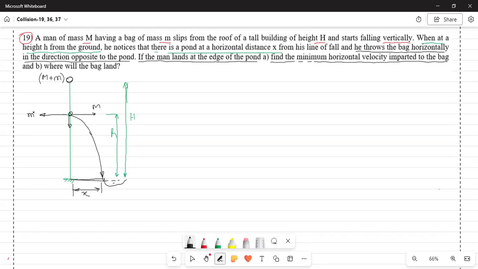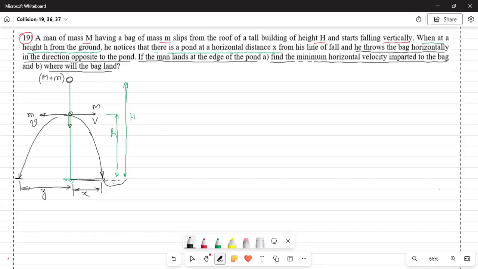So let this velocity be small v, and let the velocity of the man be capital V. The bag will also fall in a parabolic path to the ground somewhere here. The second part asks where the bag will land. If this distance is y, the second question wants you to find y also.